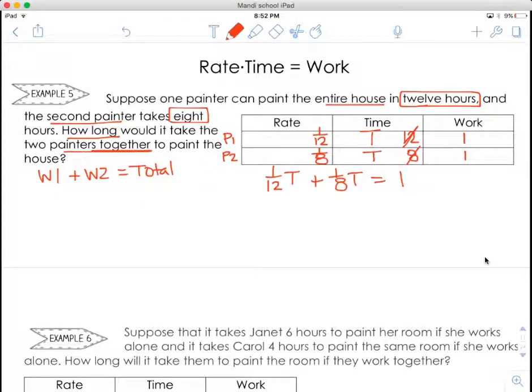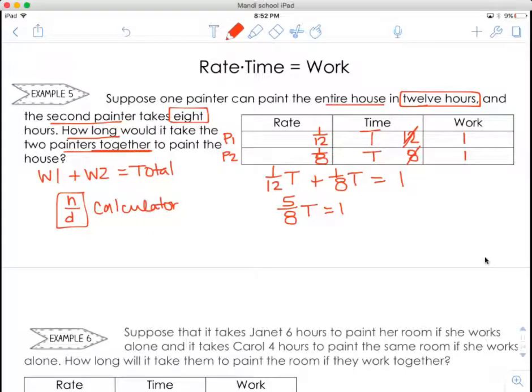So using the N over D button on the calculator will be your friend with this type of problem, because we're going to work with fractions just because it's a little bit easier. So you take 1 over 12 plus 1 over 8, and the calculator tells you that that's 5 over 8 t equals 1.